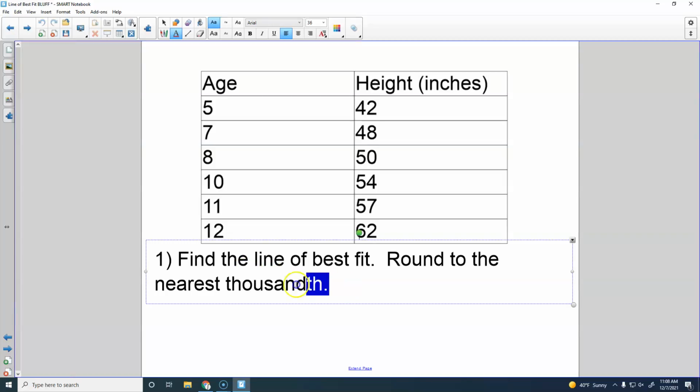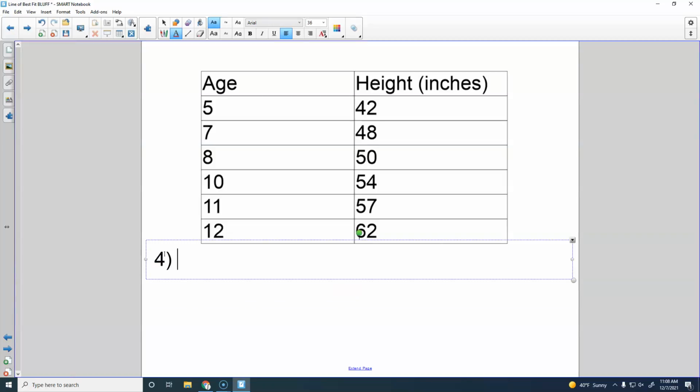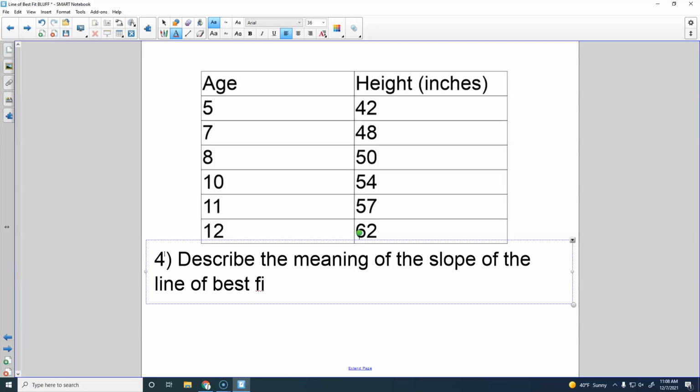Okay, same situation. Meaning of the slope of the line of best fit for this data.